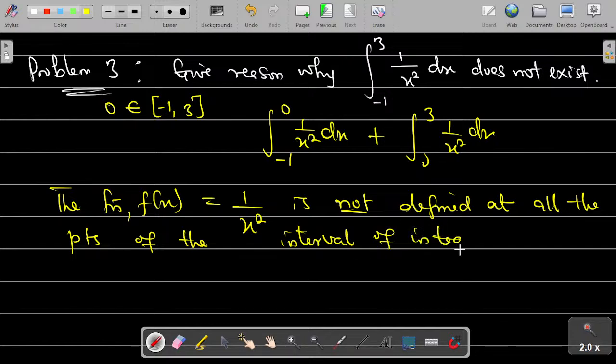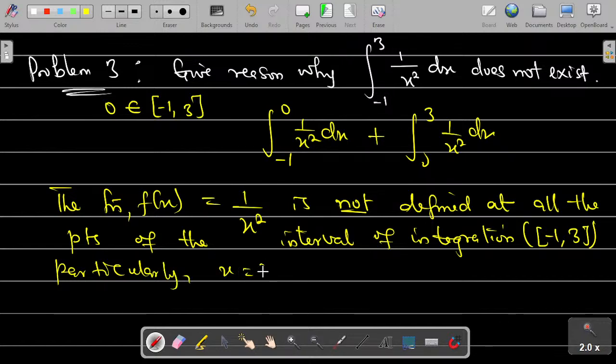Our interval of integration is -1 to 3, so it's not defined at all the points, particularly x equal to 0. At that point it will make the integral not exist. There are other things you can look at, but this is a beautiful reason for which that integral will not exist.